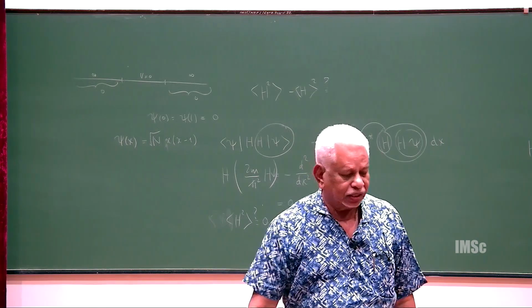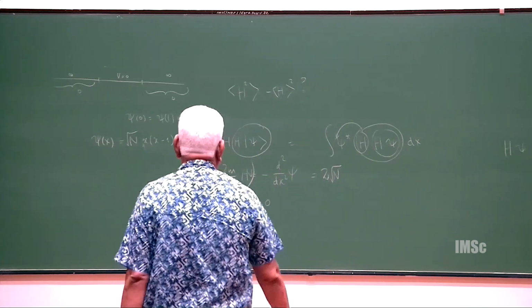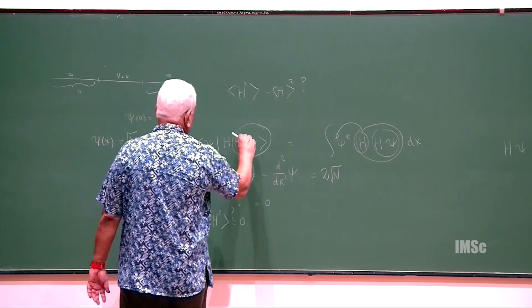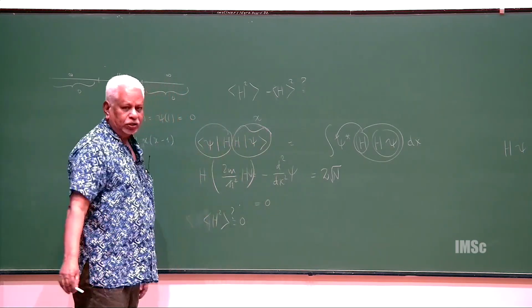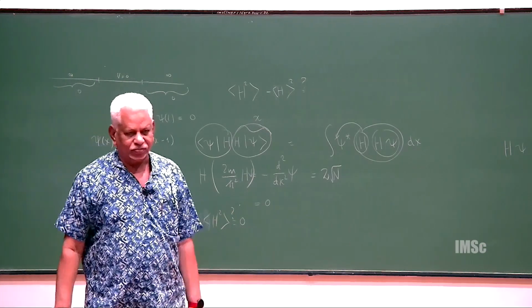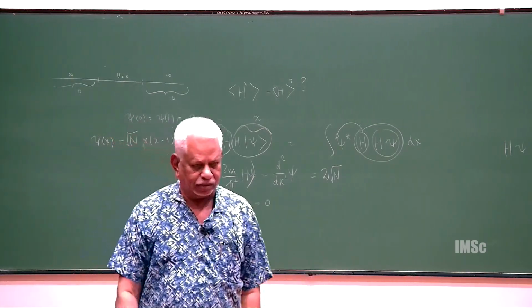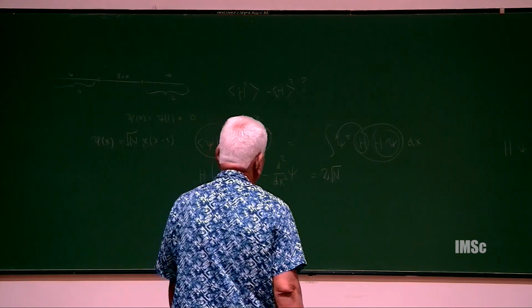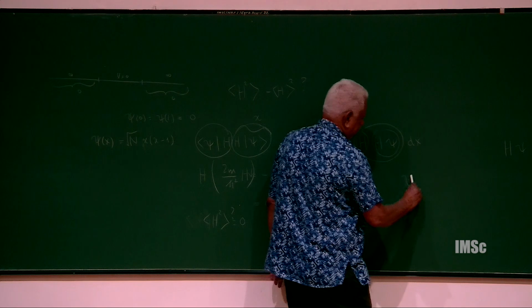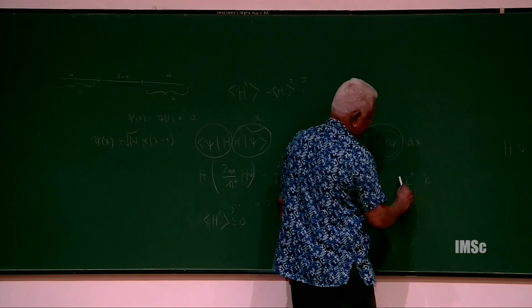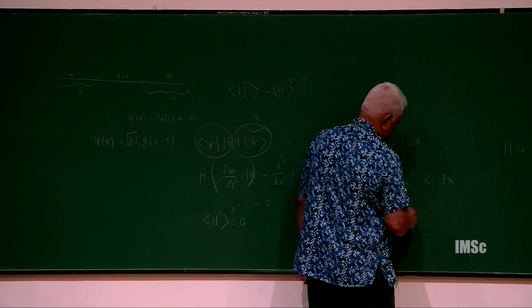This is the statement that you can act this to give you chi, and this will give you a new function which is chi star, which is same as root 2 root n. So what you have here by this action is chi star chi dx from 0 to 1.